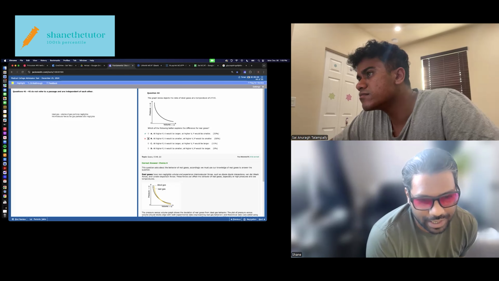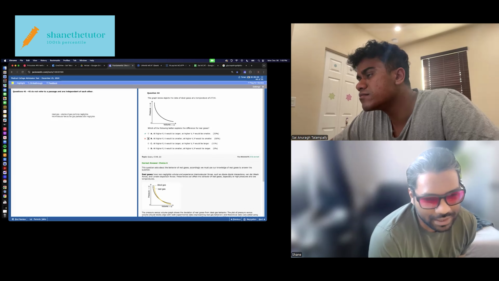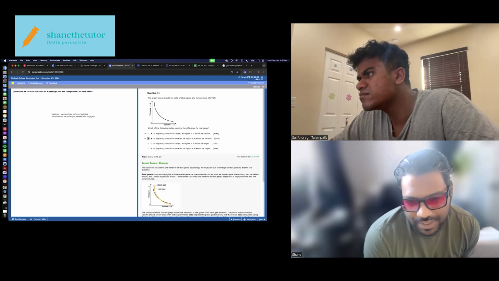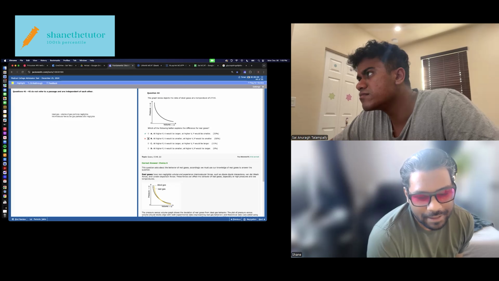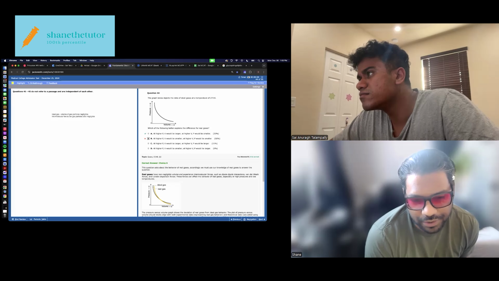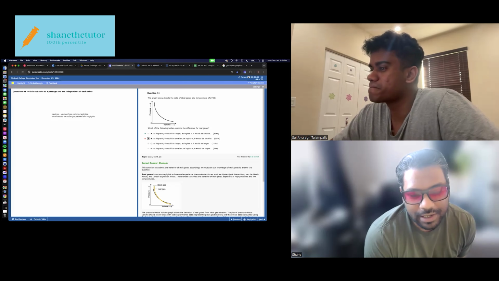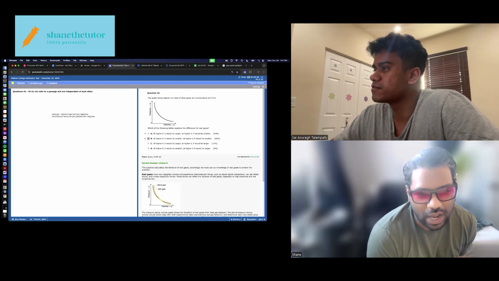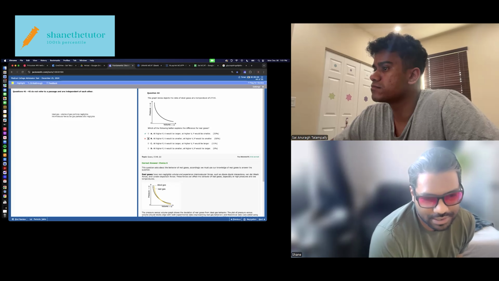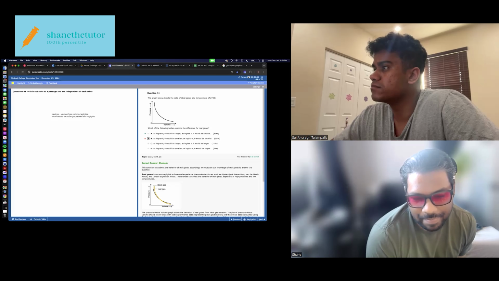Compared to at higher P, V would be larger. At higher V, P would be smaller. Okay, so this is worded pretty poorly, but they're asking what conditions this ideal gas would behave like a real gas, right?